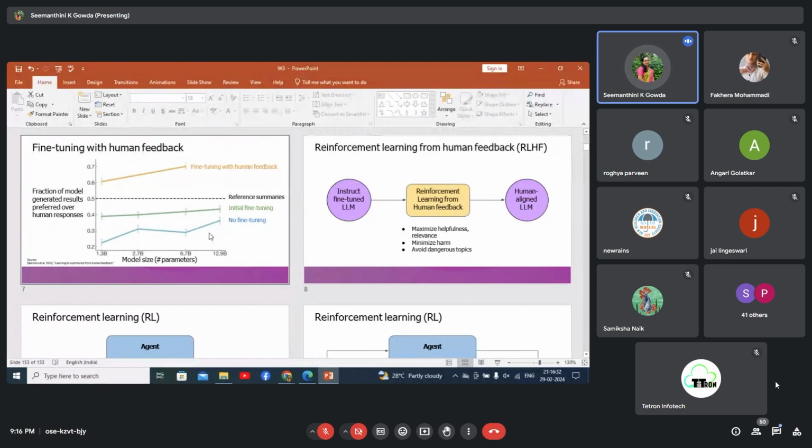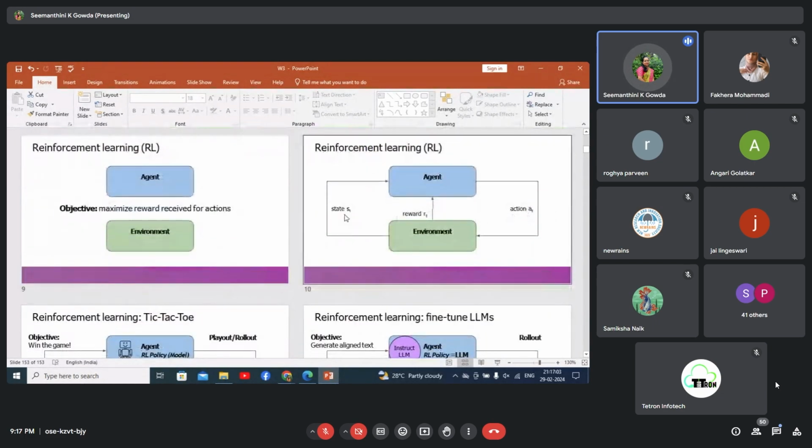Whenever we take the concept of reinforcement learning, it maximizes helpfulness, minimizes harm, and avoids dangerous topics. Whatever fine-tuned LLM we have, we take the human feedback, evaluate, fine-tune, and produce the output with respect to the human-aligned LLM. That is what we are going to do.